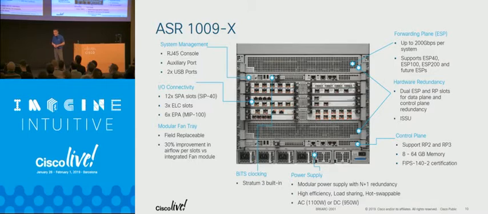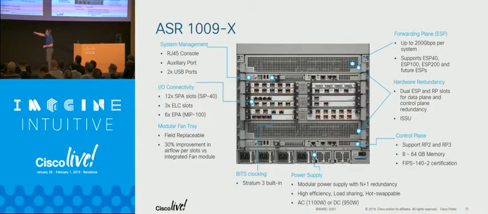First, we upgrade the mid-plane bandwidth to 200 gigabit per second. In the existing chassis, the mid-plane bandwidth is 40 gigabit per second. So the X chassis allows us to support 100 gig interface, 40 gig interface, and high-density 10 gig interface.